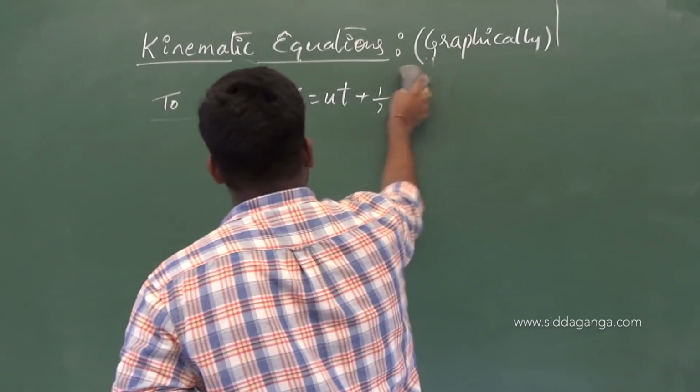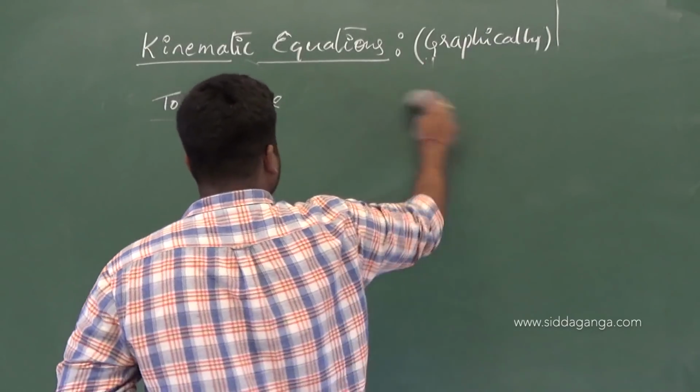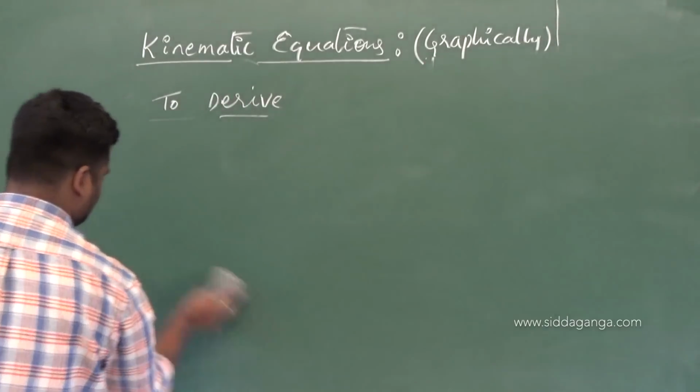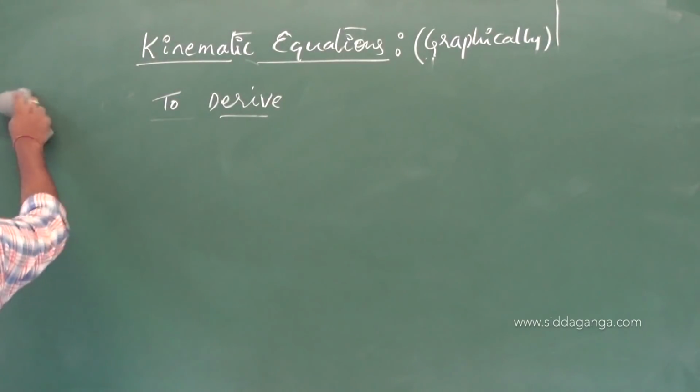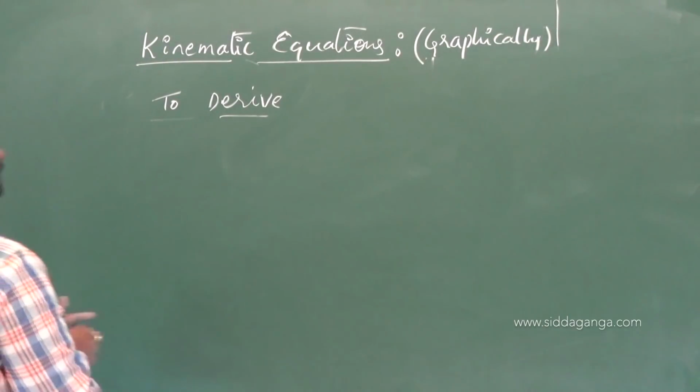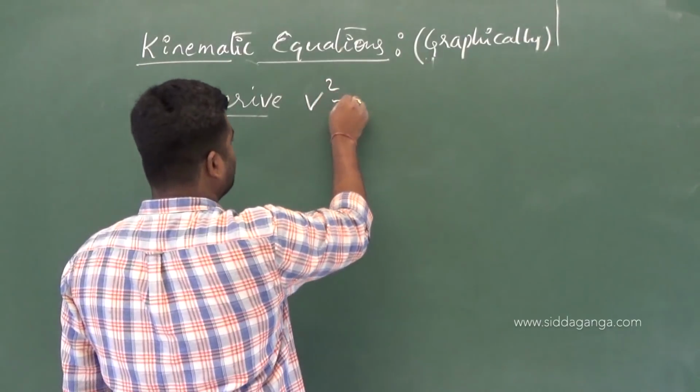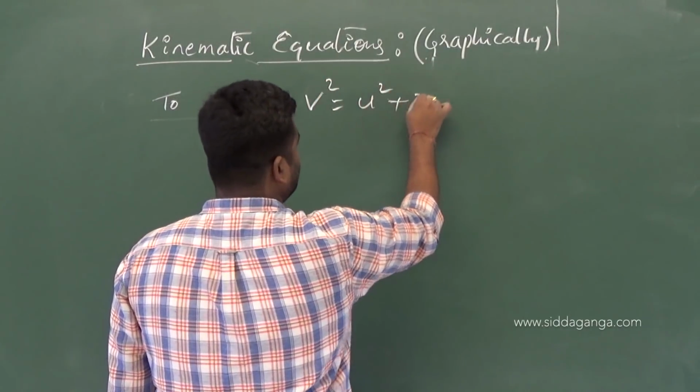The third equation is V square equals U square plus 2AS.